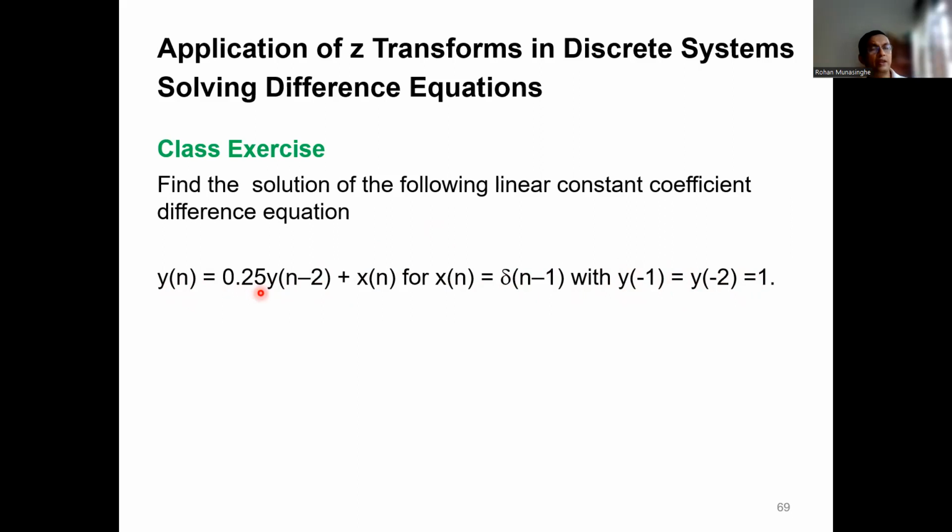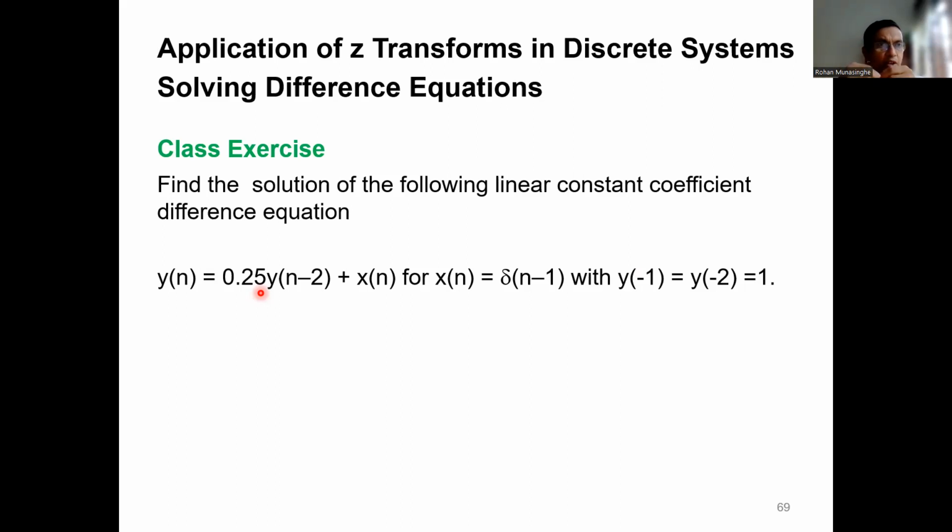When I say y[n], which is already given, it's not the solution. It is how things are connected. It is the system model. What you are given here is the system model in discrete time. What I'm asking you to do is find me the solution of the system, which means what is y[n] as a function of n.